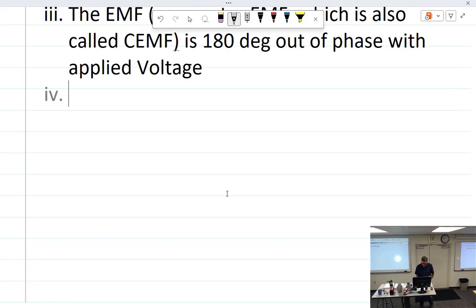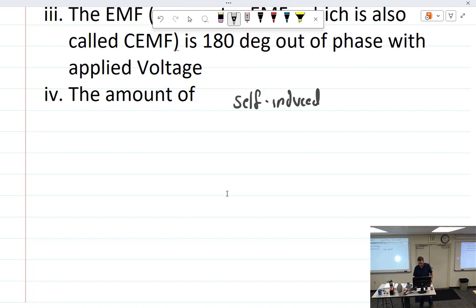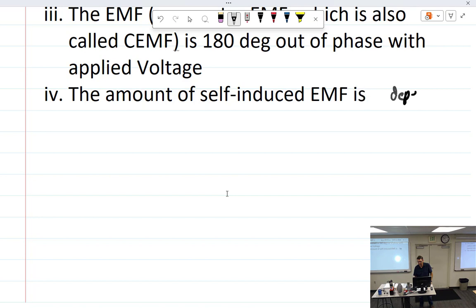So the amount of self-induced EMF, that's the EMF produced in the coil, is dependent, and proportional, on three things.